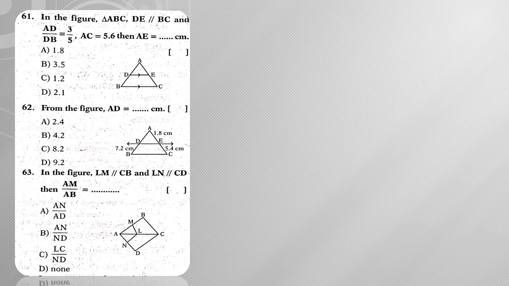By basic proportionality theorem, we can say that AD by DB is equal to AE by EC. Or this can be changed as AB by DB is equal to AC by EC.